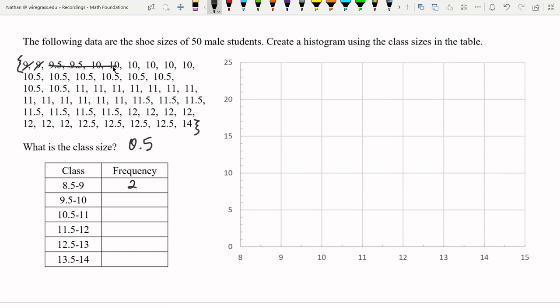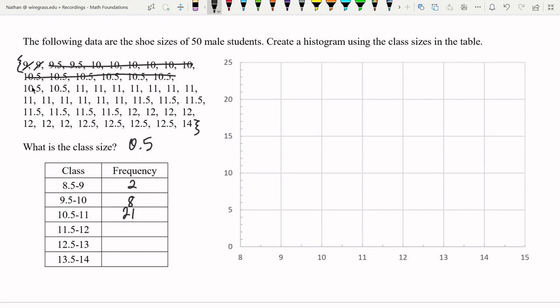These 8 numbers are going to be included in there. I'm just crossing them off to make sure I've counted them. 10.5 and 11. So we have 1, 2, 3, up to 21. So 21 numbers fit in this class range.